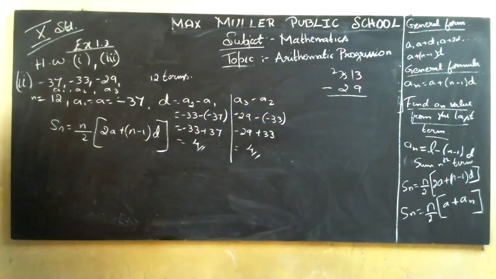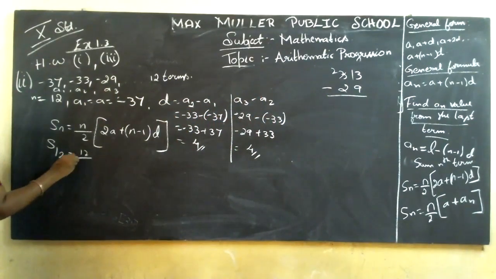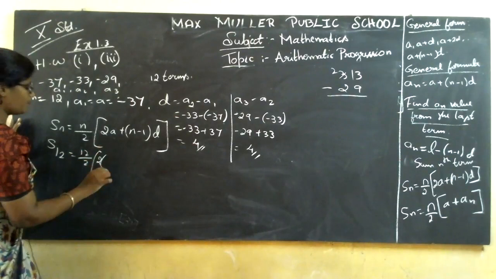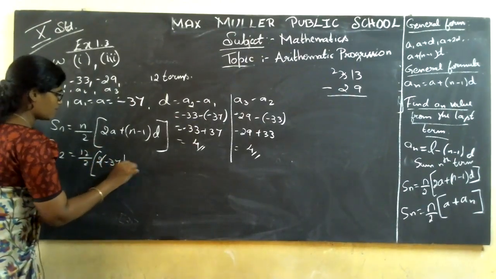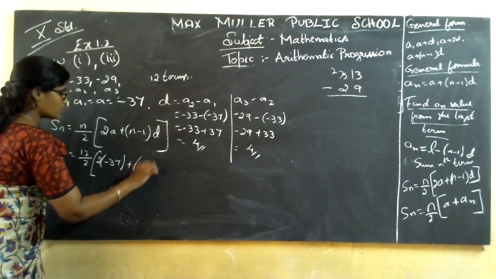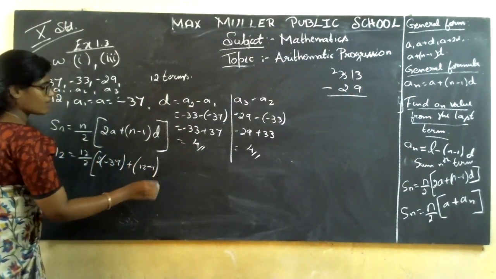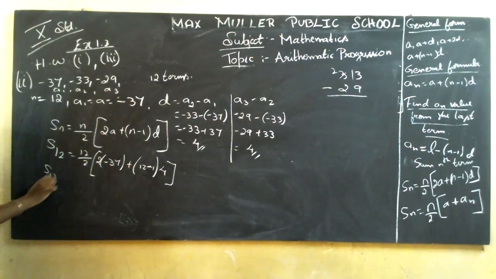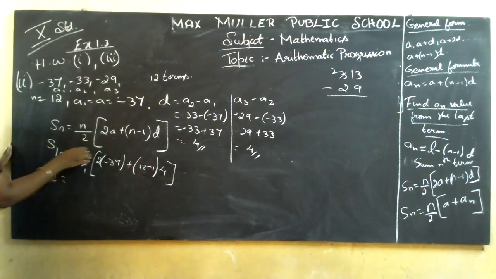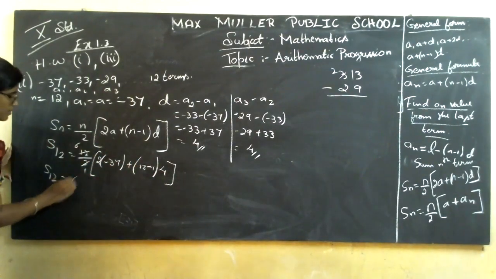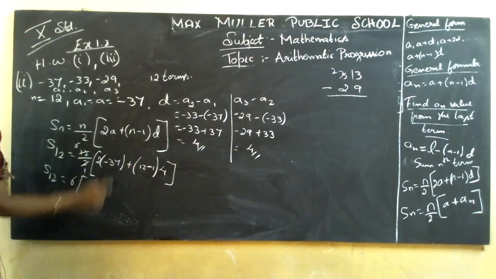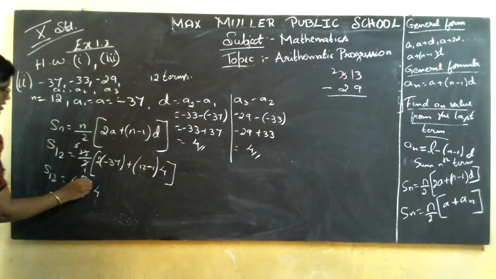Now substitute everything. N value is 12. 12 divided by 2 into 2 times what is A value? Minus 37 plus 12 minus 1 into D value is 4. Brackets are very important, children. Do not forget to close the brackets. 2 how much are 12? 2 6s are 12. 2 7s are 14. 1 carry. 2 3s are 6. 6 plus 1 is 7.